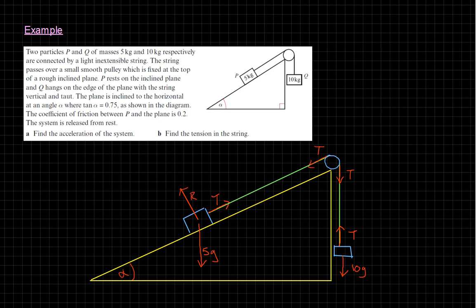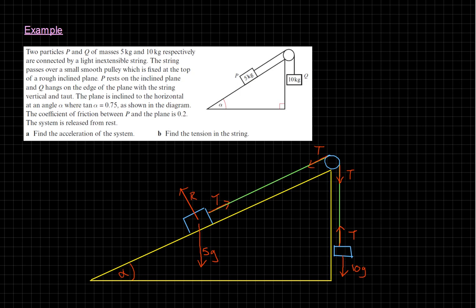Now let's just think for a moment. Which way is this thing naturally going to be moving? System is released from rest, find the acceleration of the system. So it seems to me, if you've got a 10 kilogram mass here and a 5 kilogram mass here, then quite naturally, when I let go of this 10 kilogram mass, it's going to be pulling this 5 kilogram one up the slope.